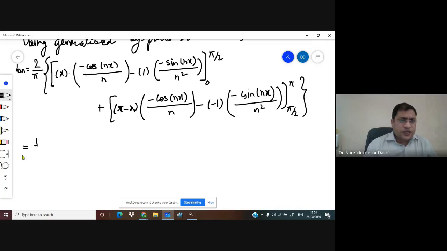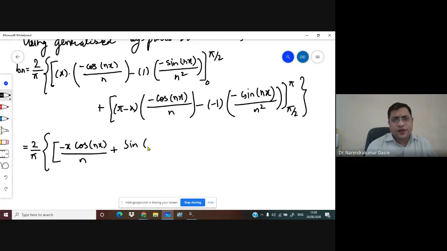So we get 2 by pi. Okay, for this integral, we'll simplify. This is minus x cos of nx upon n. This minus minus will become plus, and we'll be having sine of nx upon n square, and the limits are 0 to pi by 2.